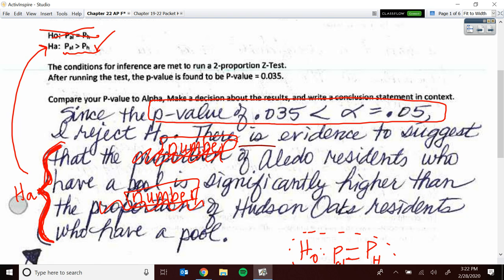Because if you say Aledo is a bigger city than Hudson Oaks, then you're comparing the number of one of them to the number of the other one, not the proportions. You are finding the difference in their proportions so we can compare them properly.